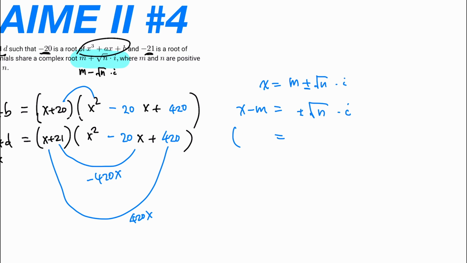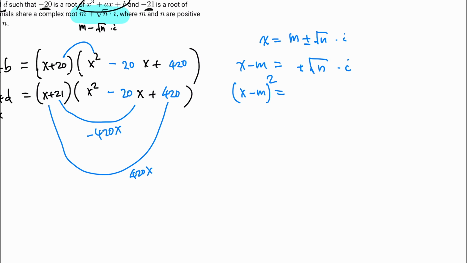Squaring, plus or minus doesn't really matter because both plus and minus squared give you plus. And i squared is equal to negative 1, and square root of n squared is equal to n.